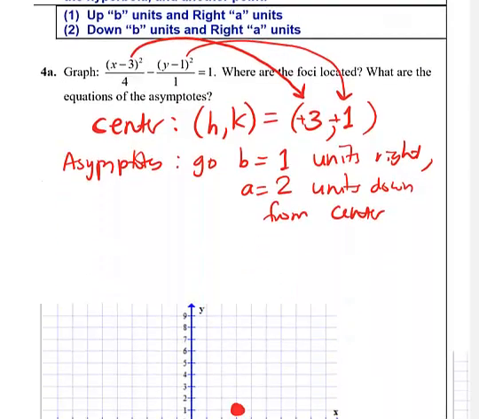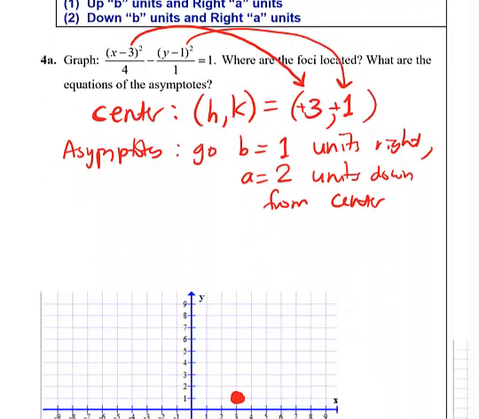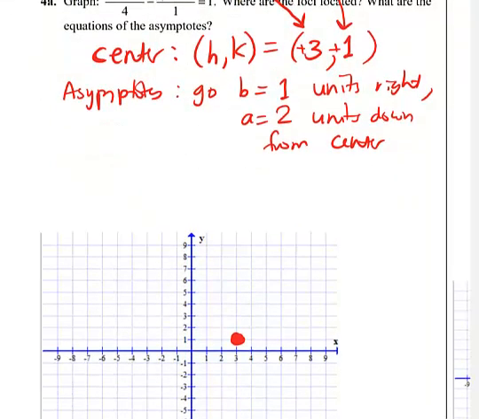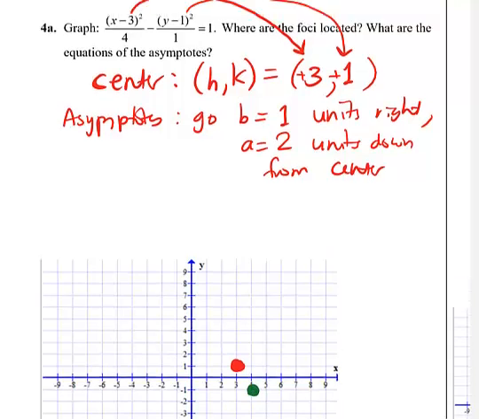So where's that center? There it is, that red dot. I'm going to try to use a different color just so I don't confuse myself. From there, I'm going to go 1 unit right and 2 units down, which would land me right here.